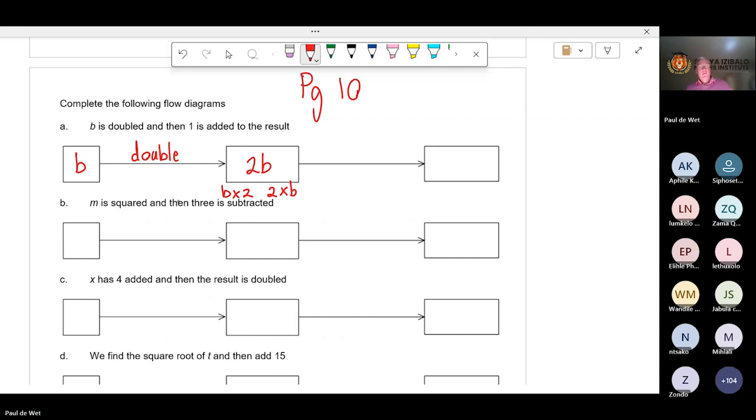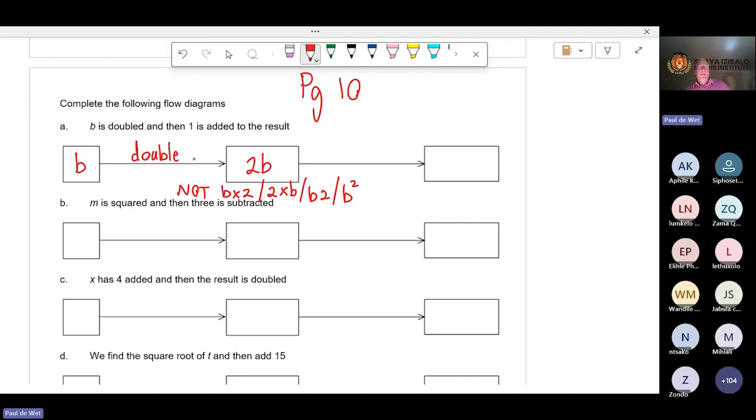We don't write that. We also don't write B2. And guys, we definitely don't write that. What does B squared mean? B squared means something completely different. B squared means B times B.